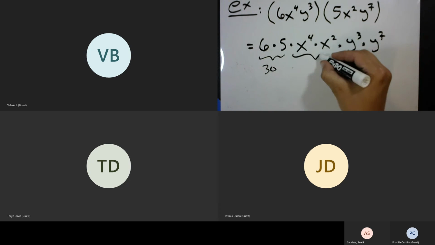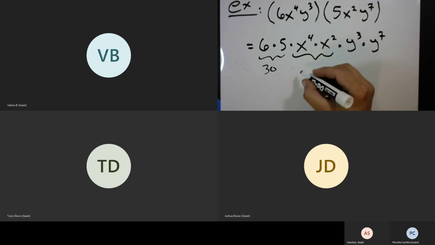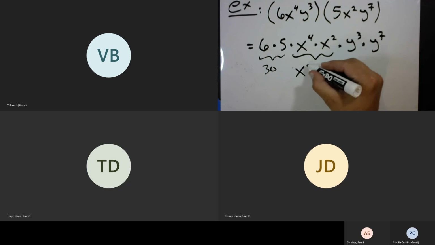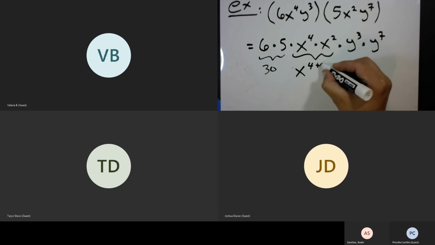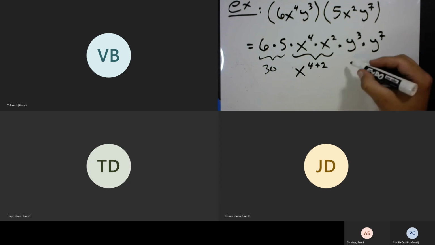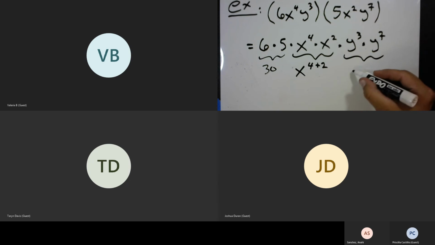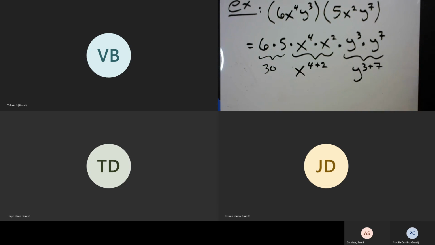This here, though, using our product rule, is x to the 4 plus 2. And this one here will be y to the 3 plus 7.